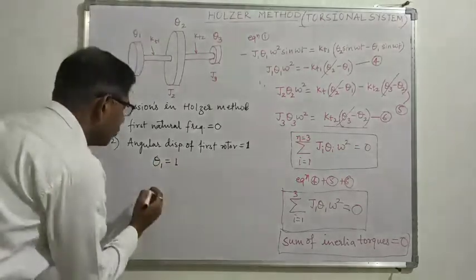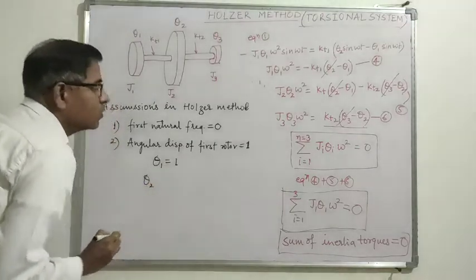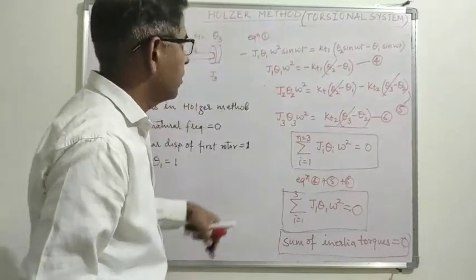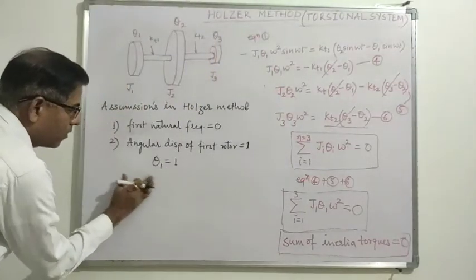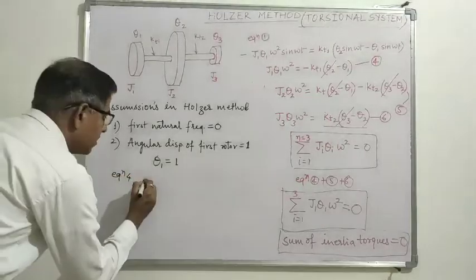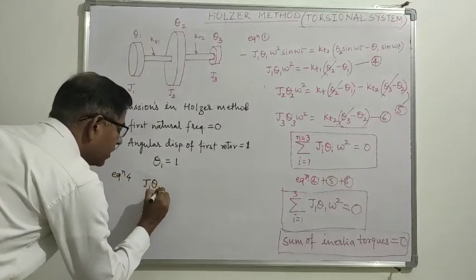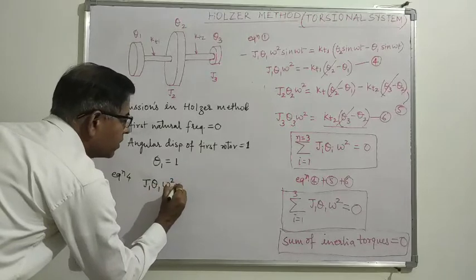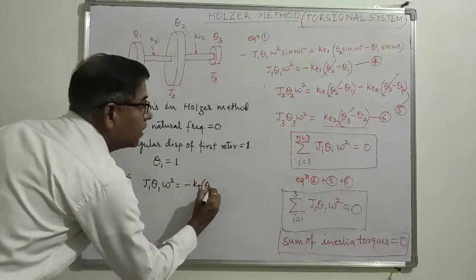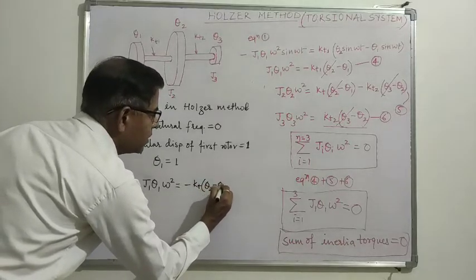Now what is theta 2? Theta 2 can be found out from equation 4. Equation 4 says J1 theta 1 omega square is equal to minus kt theta 2 minus theta 1.